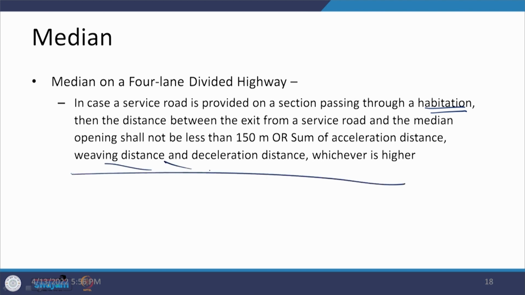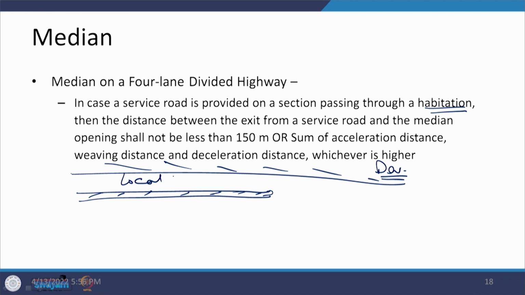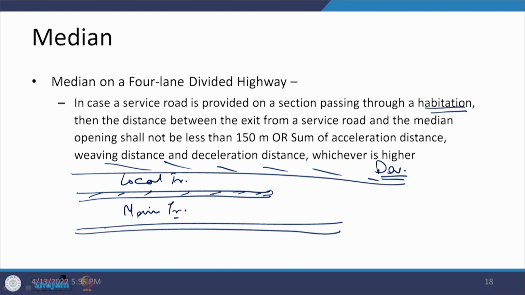So, you have a development on this side, and we have provided a median here. Local traffic is moving on this side, main traffic is moving on this particular side, okay. And then there is a median here.